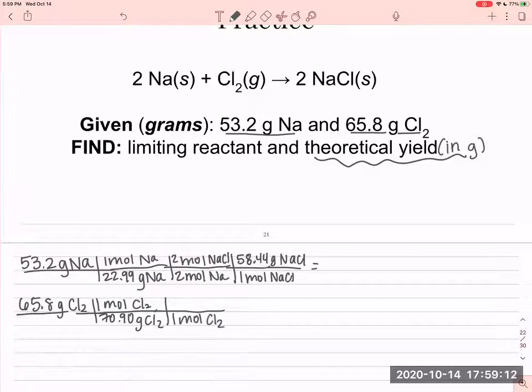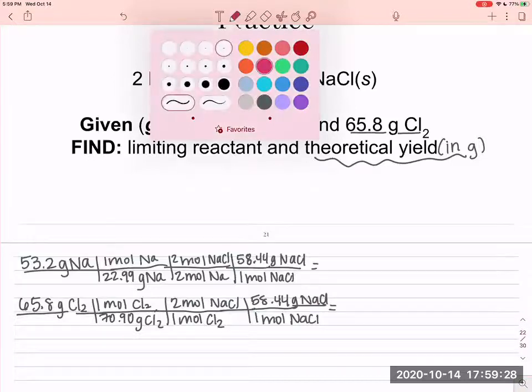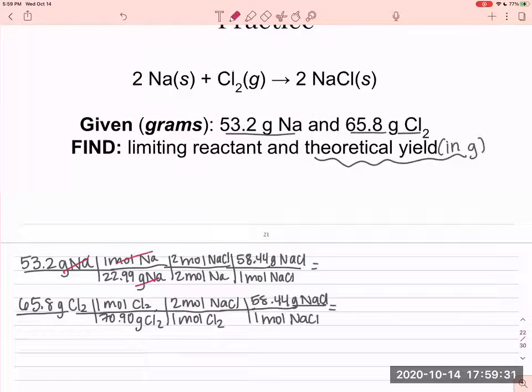My molar mass comes from my balanced chemical reaction, and the coefficients are the big numbers in front of my compounds in the balanced chemical reaction. If you are confused about any part of this work, text me a screenshot of it and I can explain what I'm doing. So let's see.